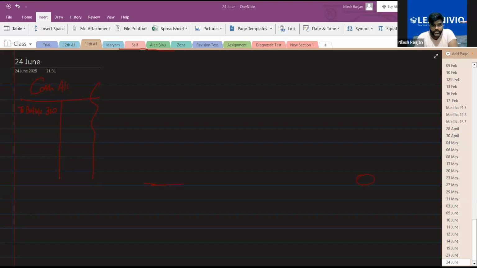There is only one transaction. So it will be by salary 300. And then you will calculate the total. I think the total of both sides is equal, so there will be no balance. This is how you have to solve. First, you will write every balance in the respective ledger account, then all these transactions.